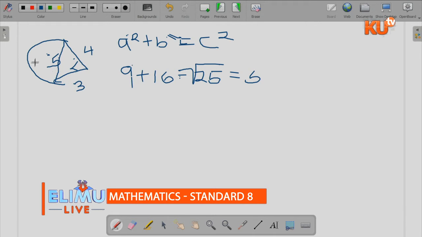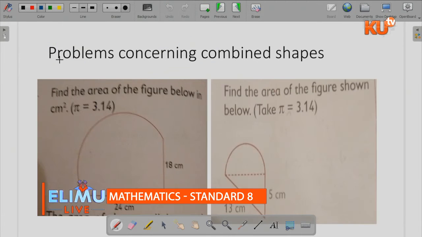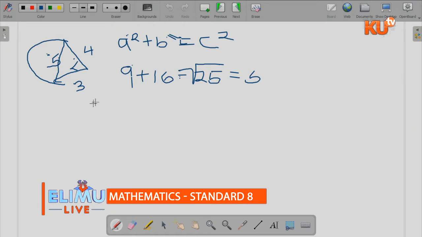This one will help you find the area of the semicircle, and remember, you are advised to use pi as 3.14. We are going to say the area of a semicircle is equal to a half times pi times r square.